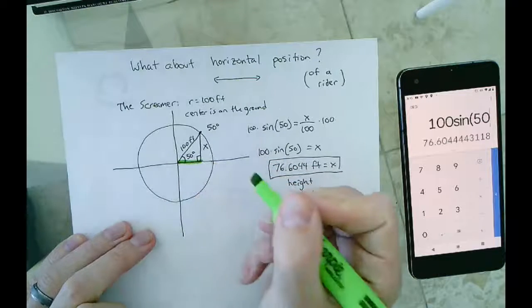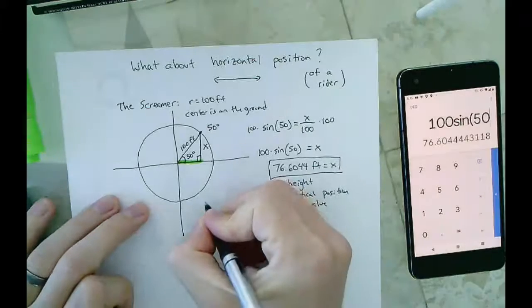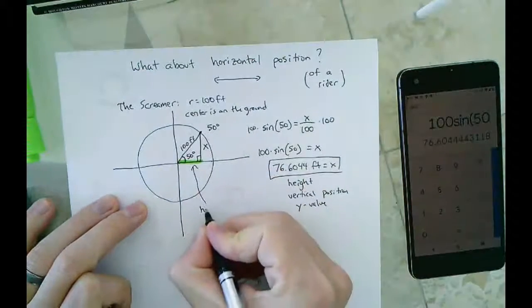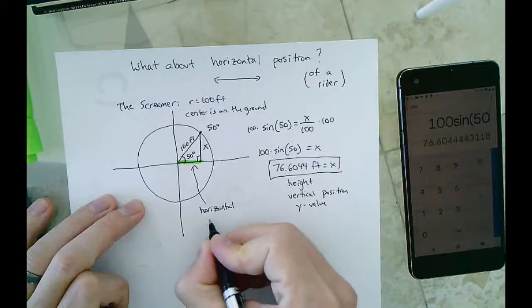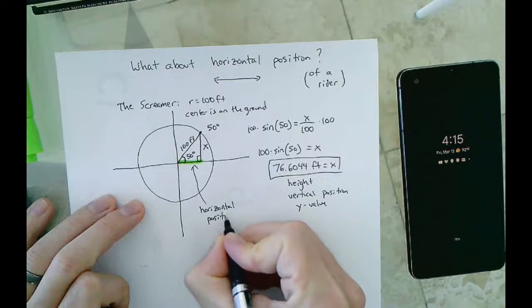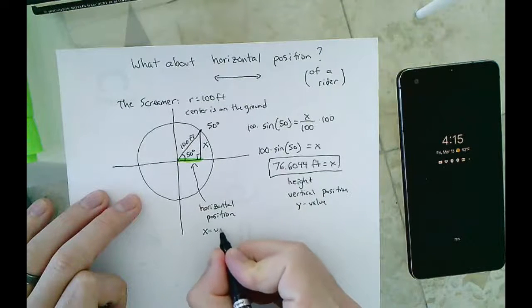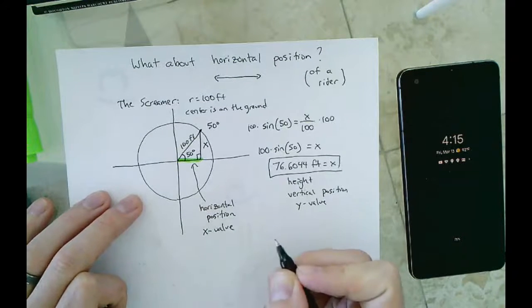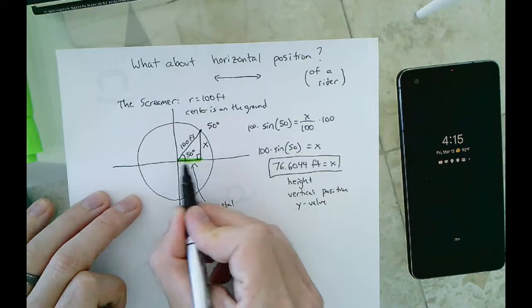So this right here is going to be our horizontal distance or position right here. And we can also call this our x value for that rider. How far away from the center on the x-axis is that 50 degree guy?